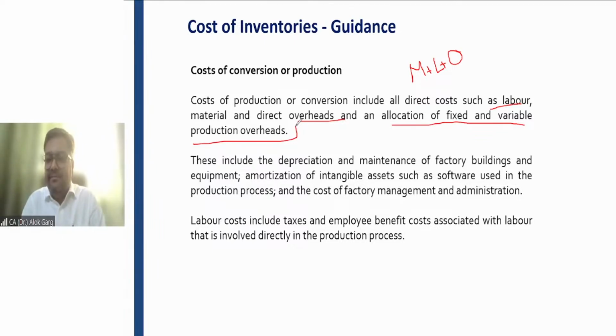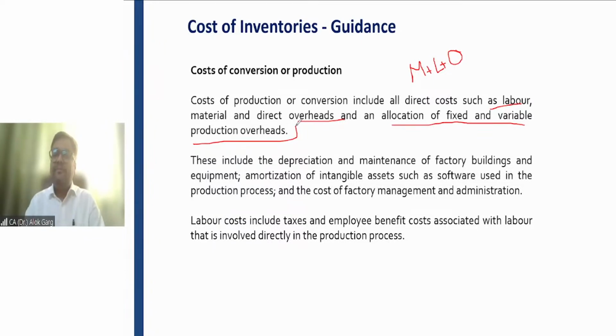What is that? The rent is a fixed cost. Let's say you are also paying some extra cost on the basis of units produced. That is a variable cost. That is a variable production overhead, right?